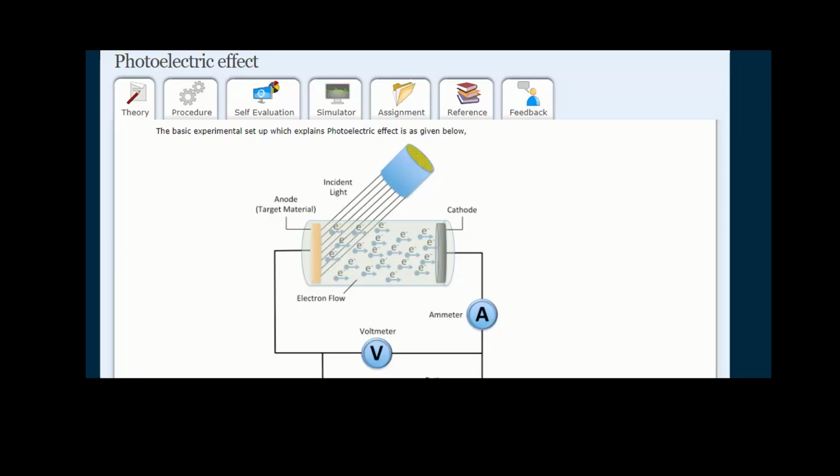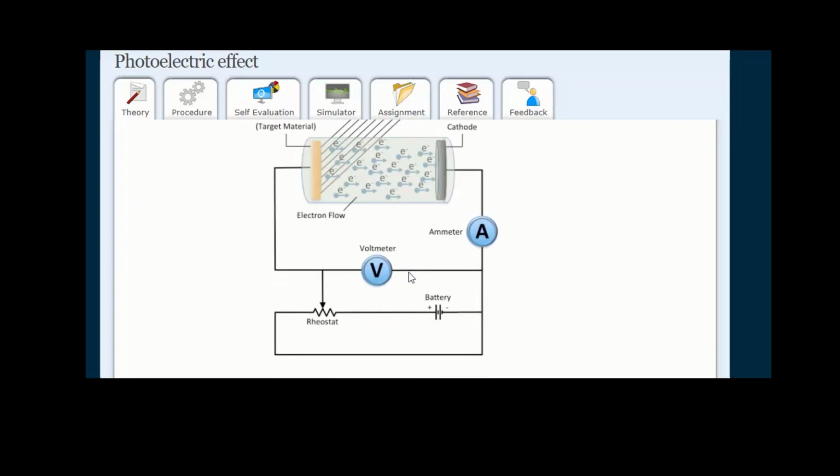You can see from this battery that we are applying negative voltage to the cathode and positive voltage to the target material here.